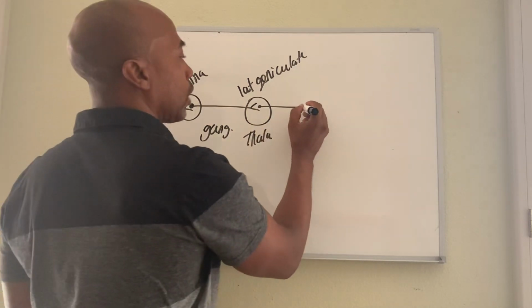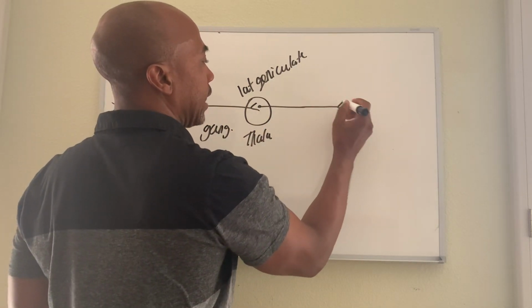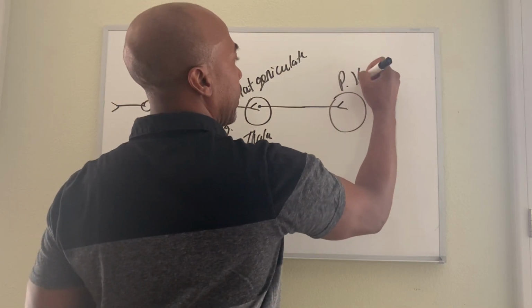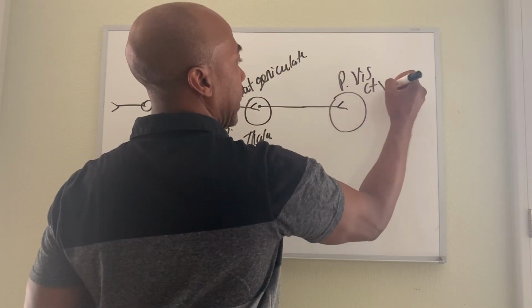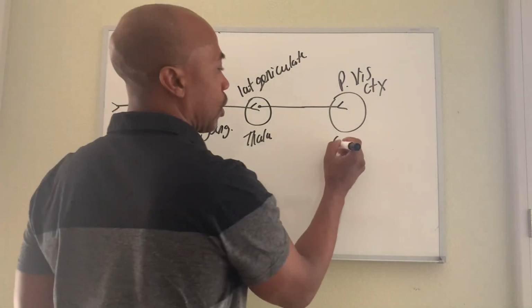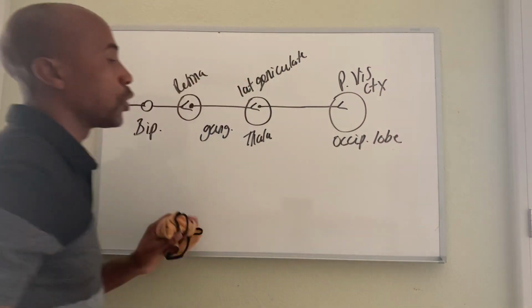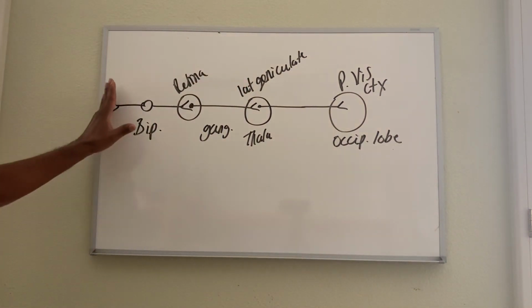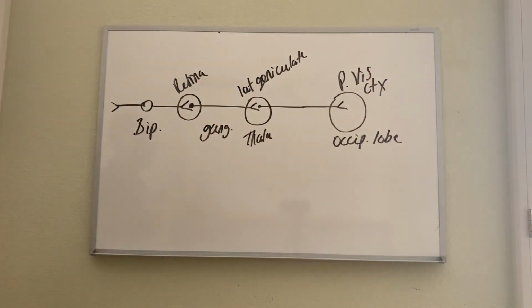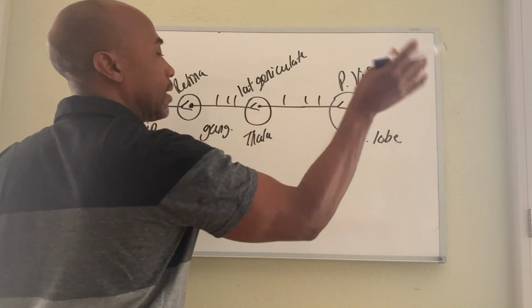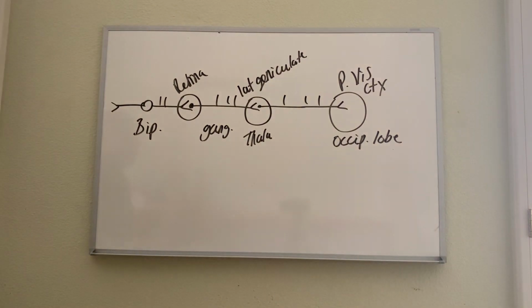Then the third neuron will start there and synapse in your primary visual cortex, which is in your occipital lobe. So that's how those neurons get from your eyes to the brain to carry your action potentials into the primary visual cortex.